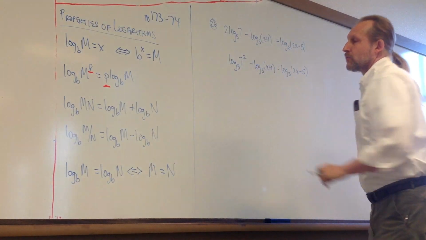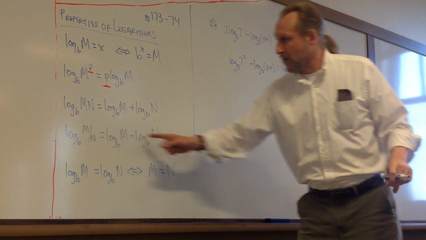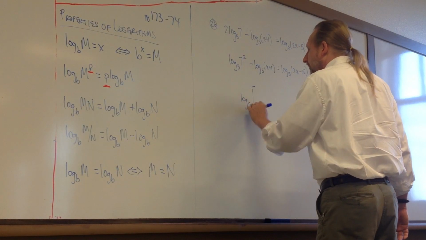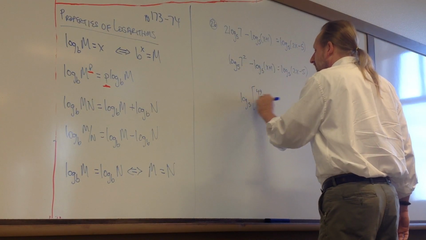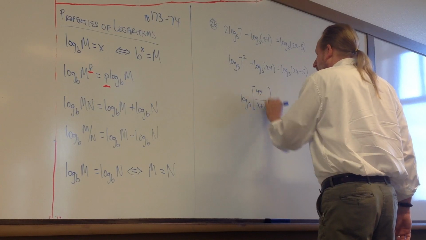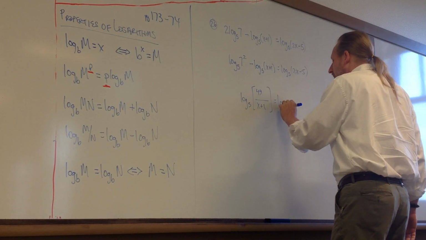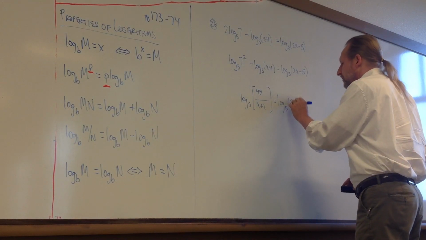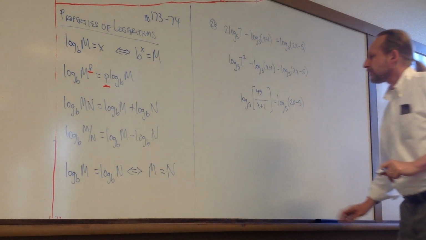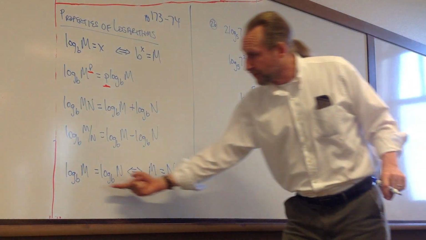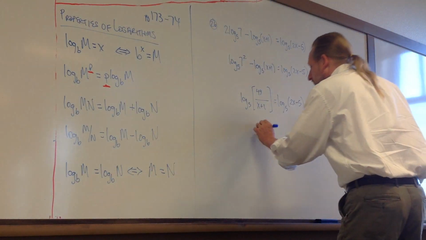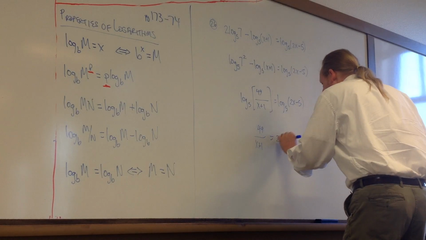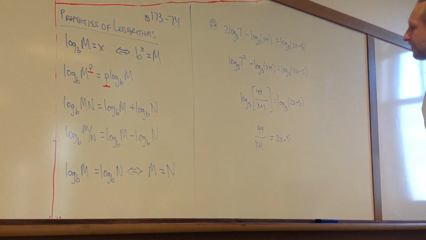So now we're going to rewrite this using this property right here. So this will be log to the base 5 of, that's 7 squared is 49, over x plus 1 equals log to the base 5 of 2x minus 5. And now we can use this property right here and say 49 over x plus 1 equals 2x minus 5.